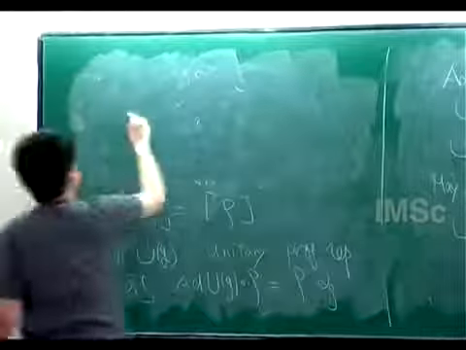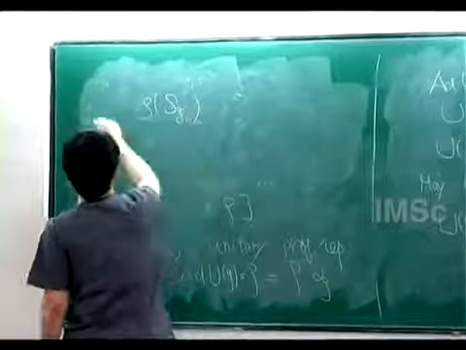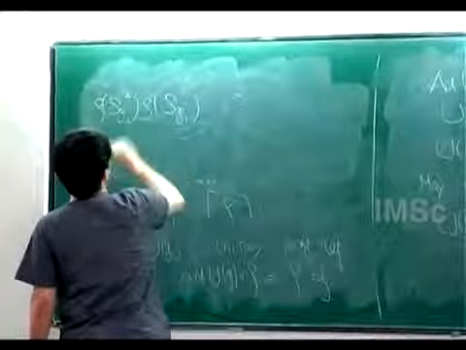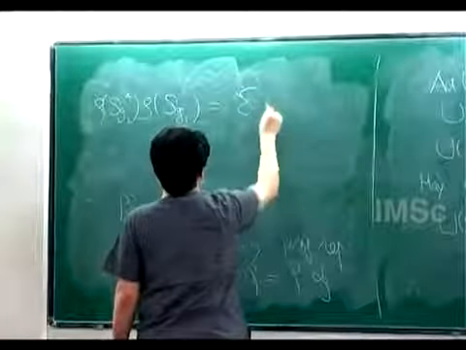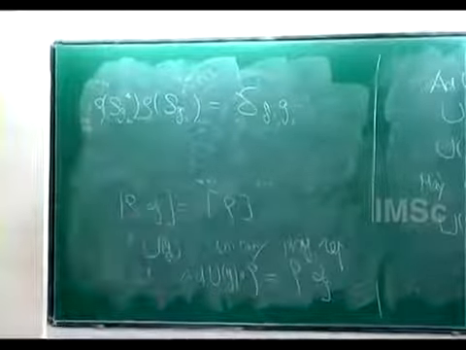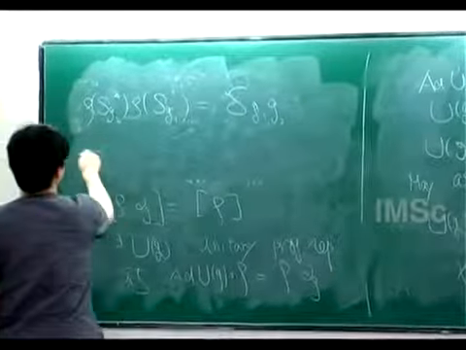And since rho is a homomorphism, rho should preserve the orthogonality relation. So this orthogonality implies that this bicharacter is non-degenerate. It's an easy computation.